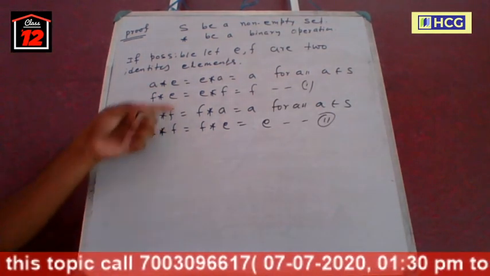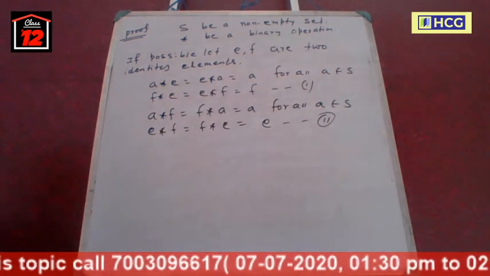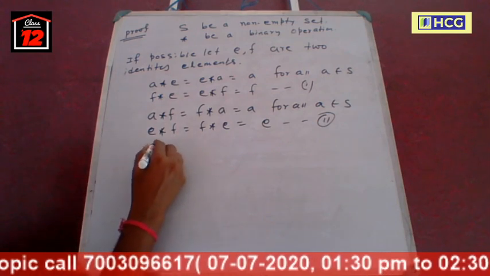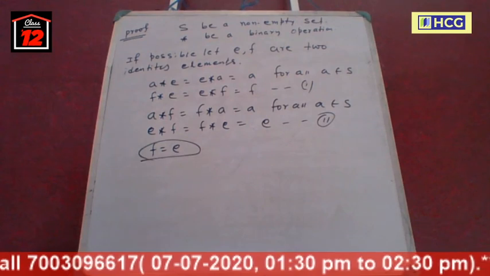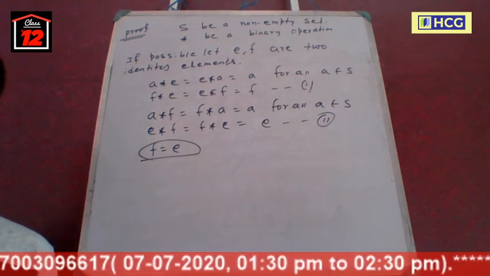So from one and two, F equals E. Therefore, if the identity element exists, it is unique.